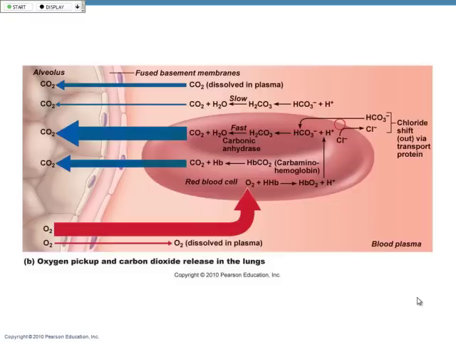We're going to work the other reaction backwards because we want to get rid of carbon dioxide at this point. So that carbonic acid is going to work backwards with, again, the help of carbonic anhydrase to produce carbon dioxide and water. So then the partial pressure difference can take that guy, push him off his seat, and throw him into where?